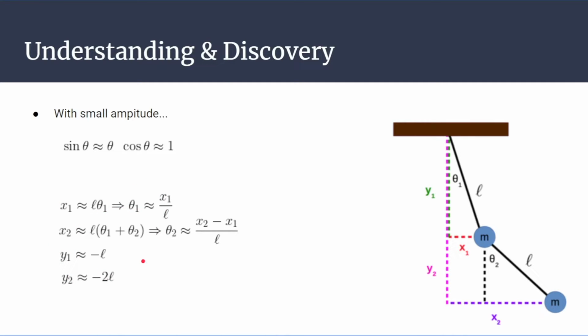Note that y1 and y2 are also constant during small amplitude, so we can ignore the y component of acceleration. And with small amplitude, T1 is approximately 2mg, where m is the mass and g is the gravity, 9.8, and T2 is approximately mg.